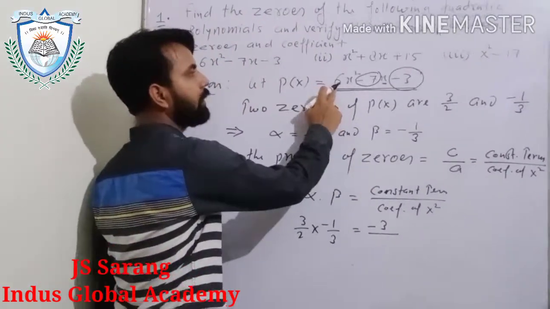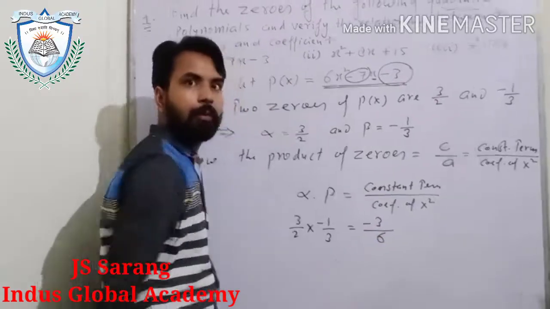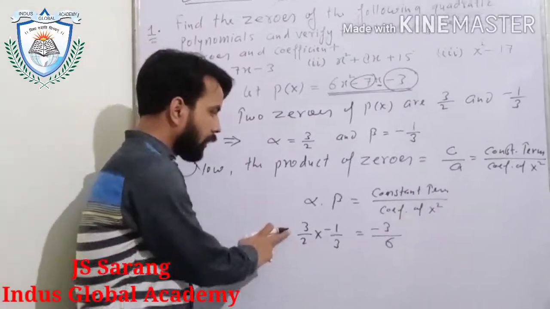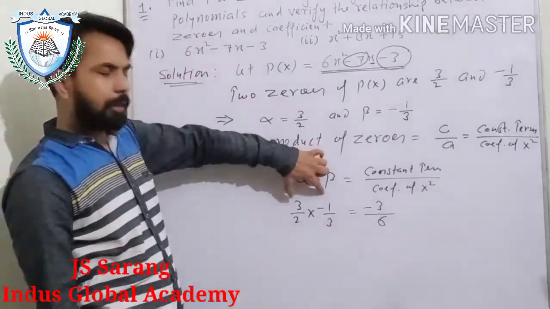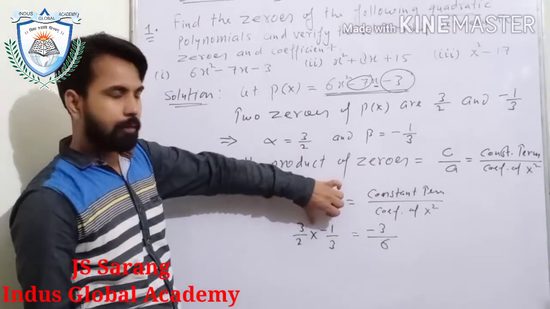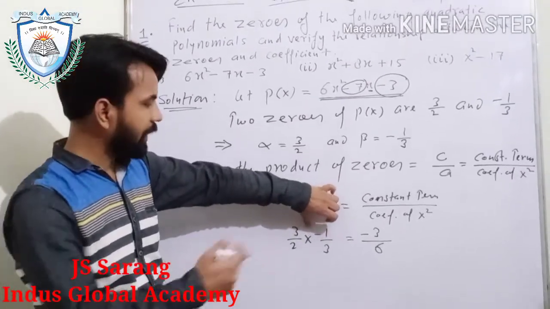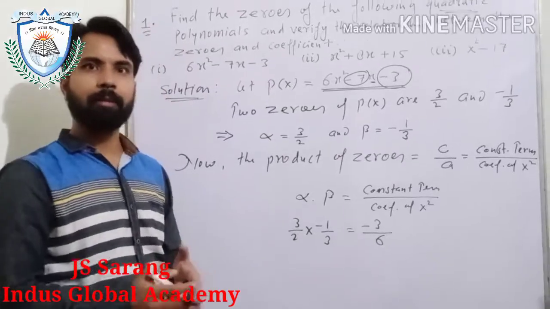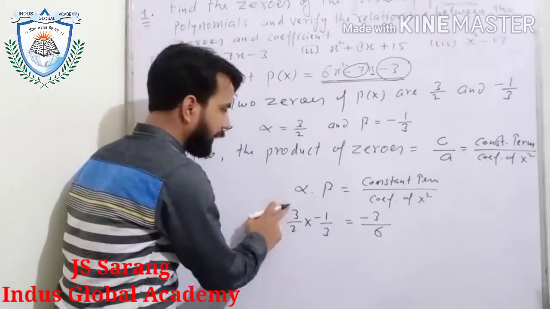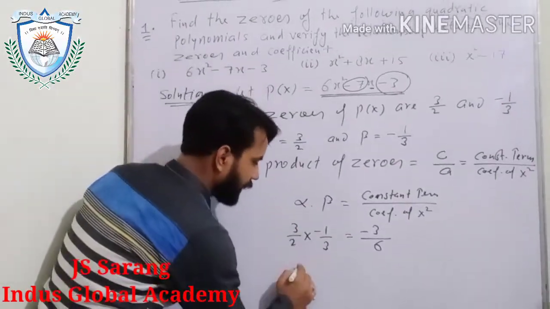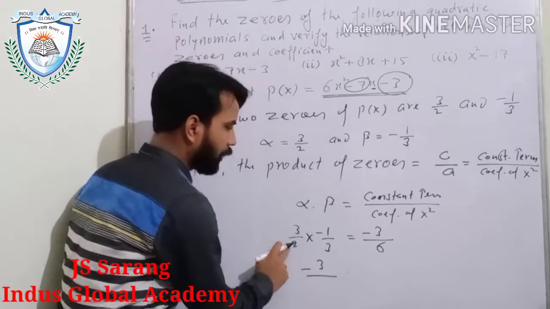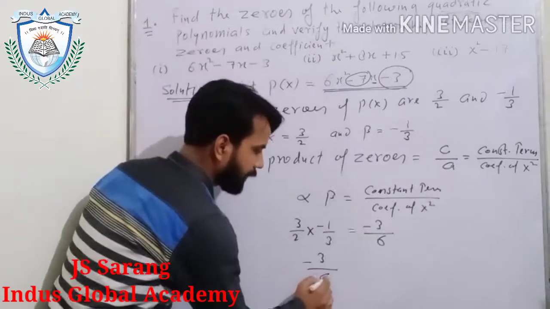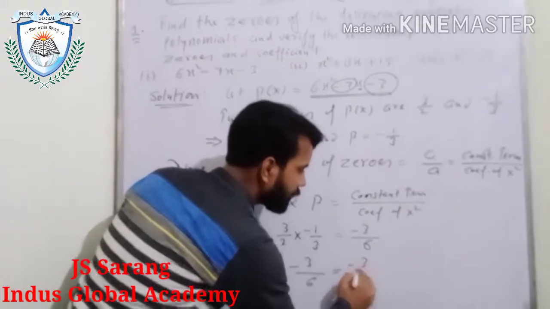The coefficient of x square is 6. So we will put here 6. Now two fractions are here and we want to do the multiplication. So what is the rule? Numerator is multiplied by numerator and denominator is multiplied by denominator. So 3 into minus 1 is minus 3 upon 2 into 3, that is 6, equal to minus 3 upon 6.